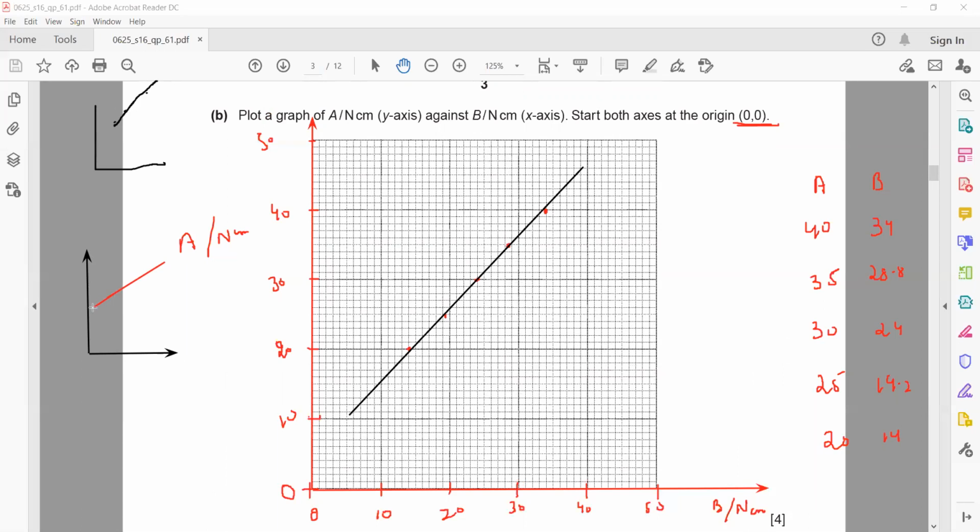When we extend our line, the point where this line intersects the y-axis, that point is known as y-intercept. And if the line was the other way around, if this was a line and we extend the line, the point where this line cuts the x-axis, that point is known as x-intercept.